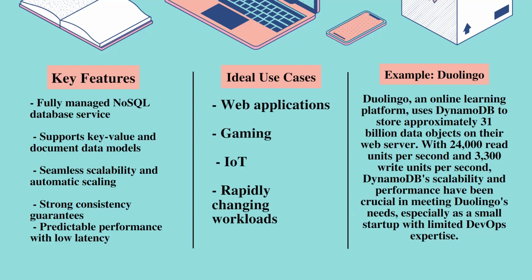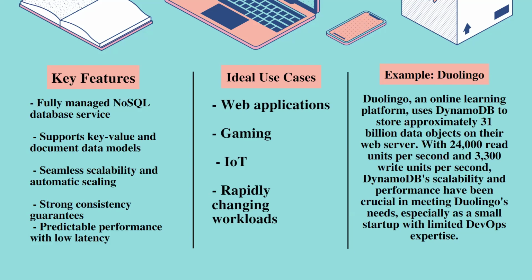Now, if we take an example, the Duolingo app, which is an online learning site, uses DynamoDB to store approximately 31 billion data objects on their web server. This startup has around 18 million monthly users performing around 6 billion exercises using the Duolingo app, and because their application has 24,000 read units per second and 3,300 write units per second, DynamoDB ended up being the right fit for them.